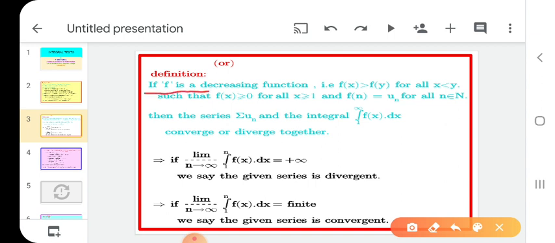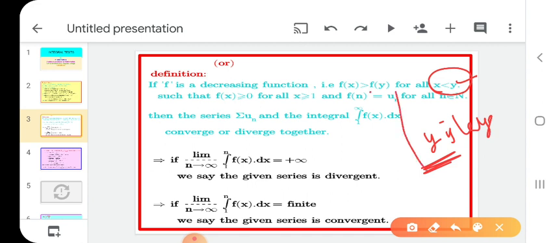See the definition of a decreasing function. If f is a decreasing function, then f(x) is greater than f(y) for all x less than y. That means for all x less than y, y is the larger value, and after substituting y in the function, f(y) is smaller.